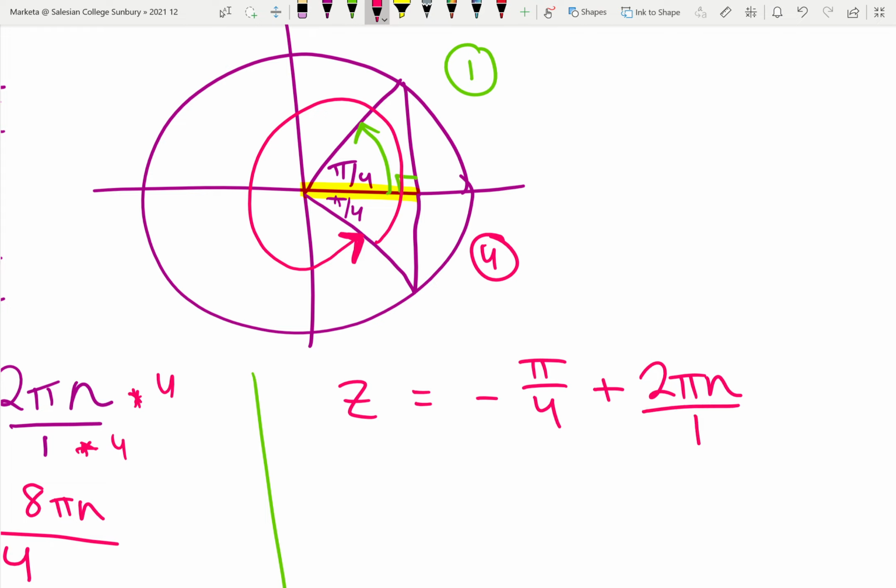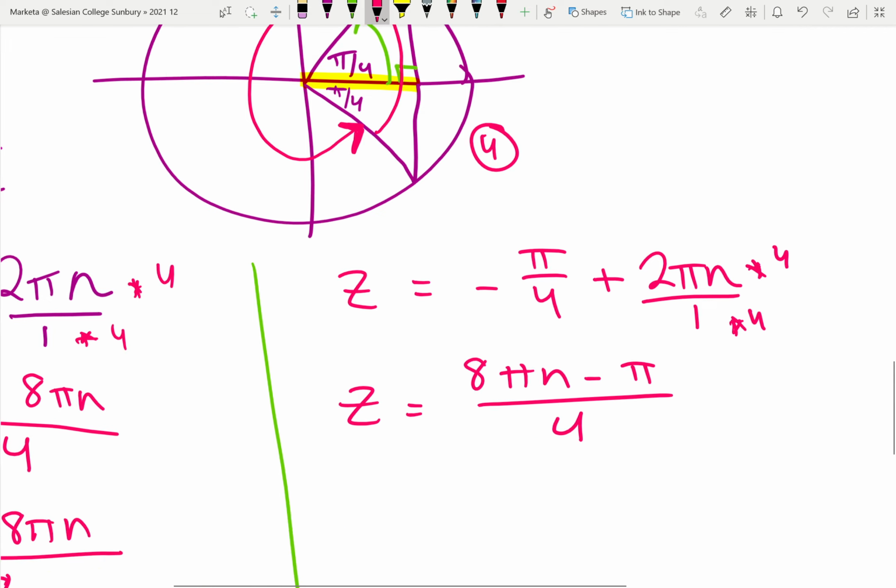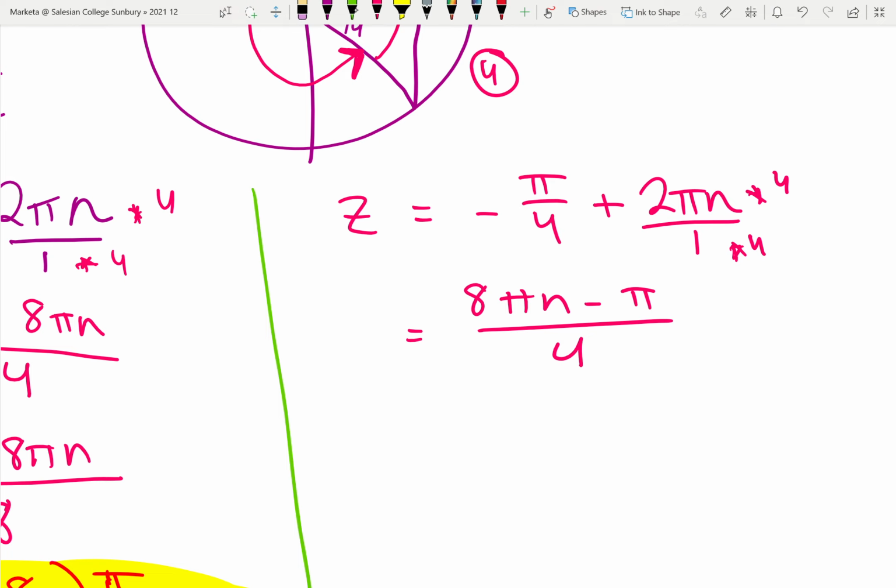So let's common denominator it again, times 4, and we get z equals neg pi, I might write it around the other way, so 8 pi n minus pi over 4. And then of course, well, z is actually 2 theta. So now I'll divide by 2 on both sides, so theta equals 8 pi n minus pi over 8.